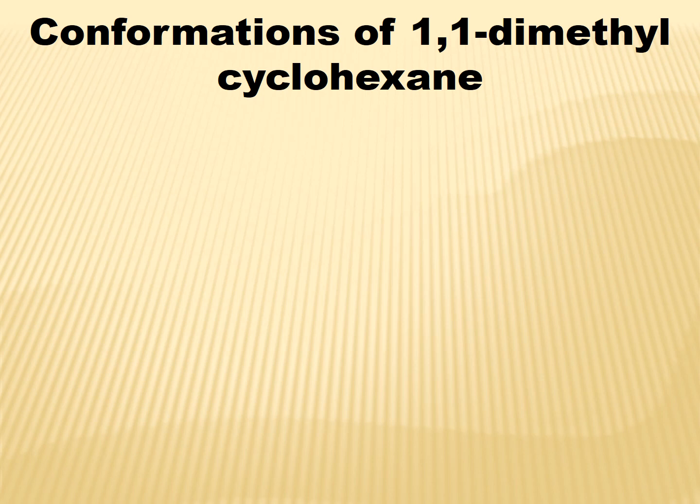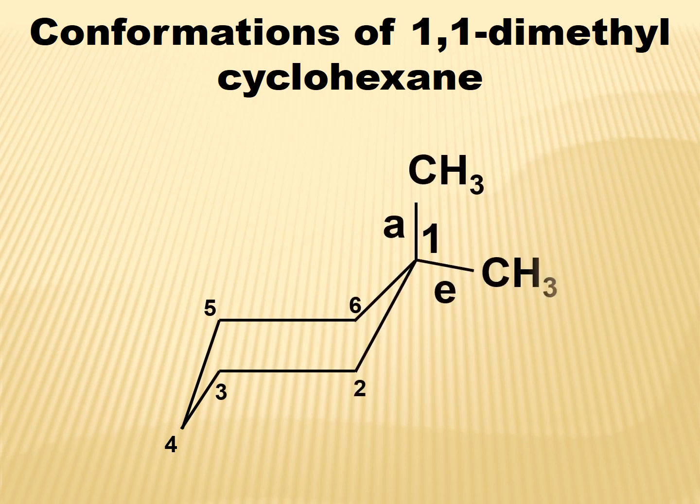Conformations of 1,1 dimethyl cyclohexane. When both the methyl groups are on the same carbon, what are the different conformations? This is one conformation, axial and equatorial. This is called 1A, 1E dimethyl cyclohexane. Both the methyl groups are on the same carbon.